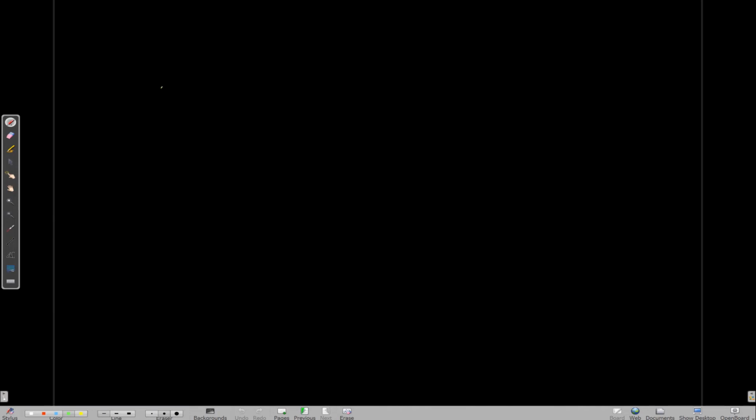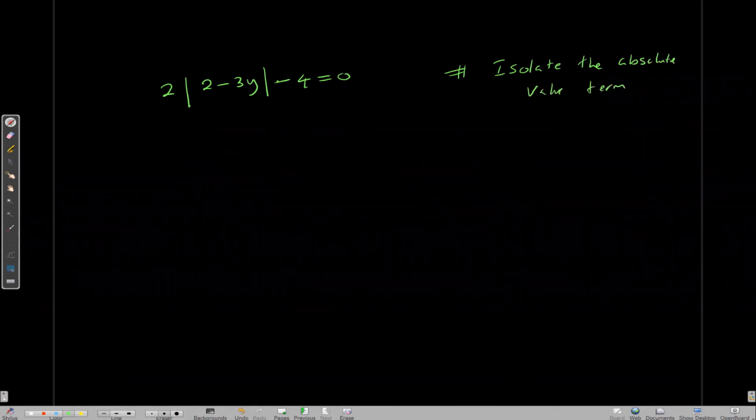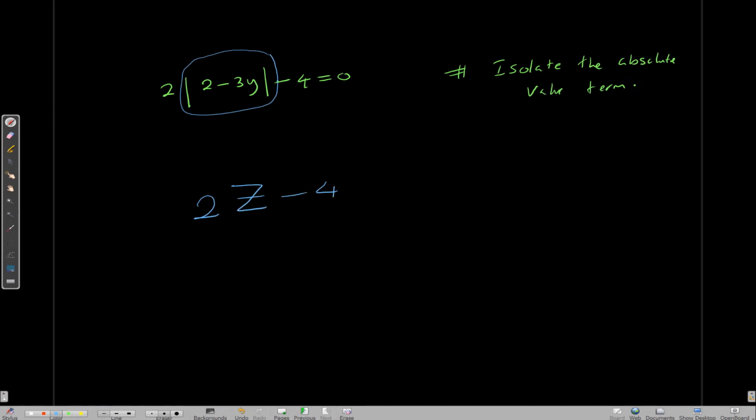Now let's see another example. How about this? 2 times absolute value of 3y minus 4, minus 4 equals 0. Now what? The first and most important step, isolate the absolute value term by simple algebra. Don't get confused. Let's say that whole thing is z, 2z minus 4 equals 0.